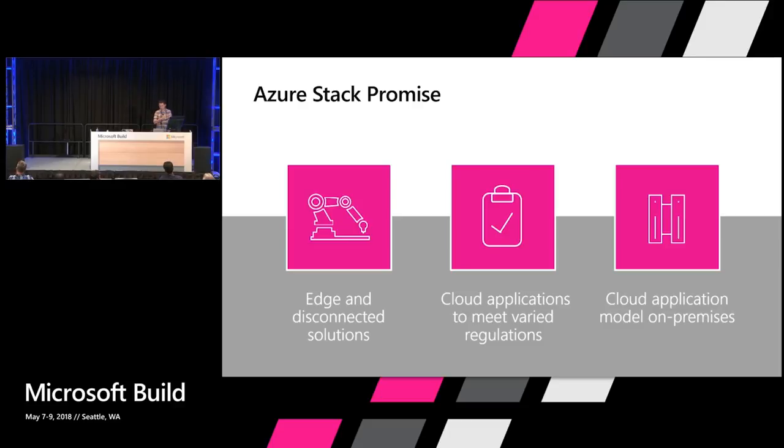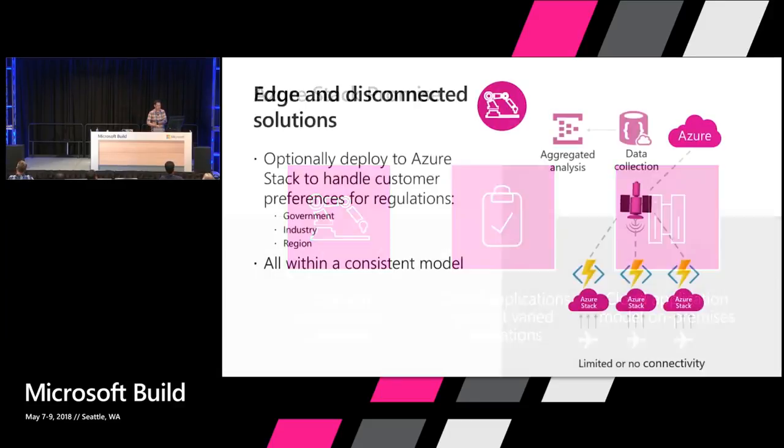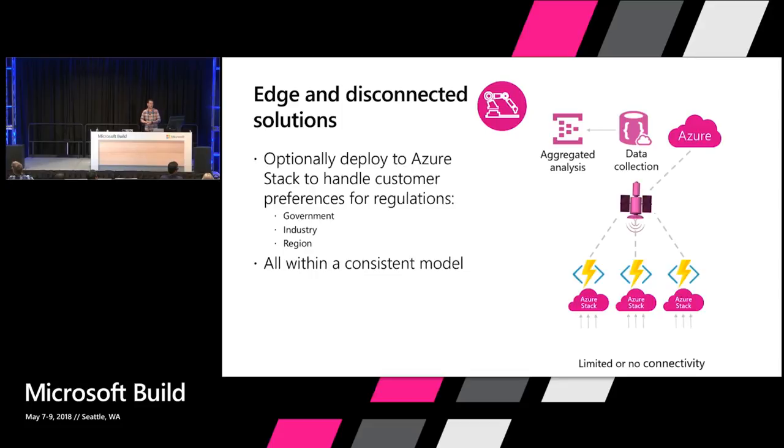Now, with those three pillars, let's take a little more of a look at what such a pillar would look like. For example, what can I really do on edge and disconnected?